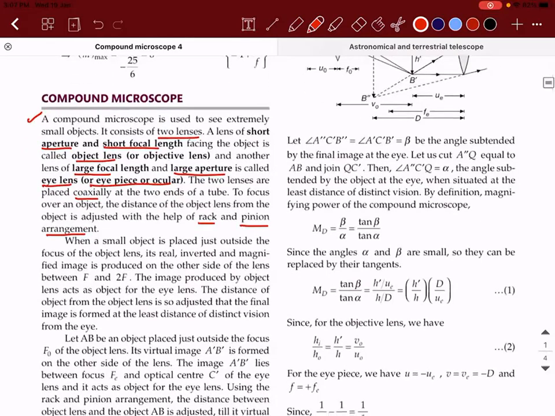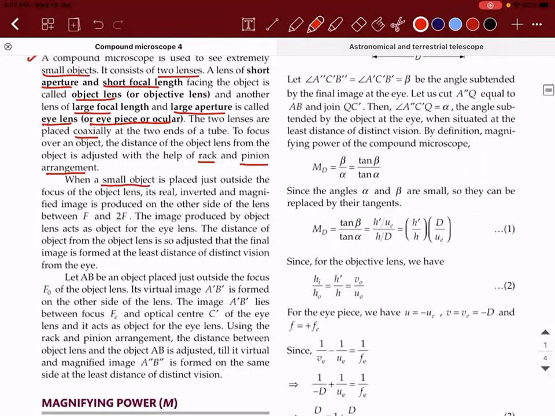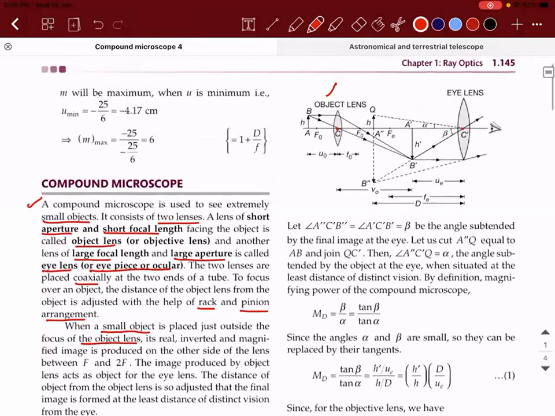Now, this is used to see extremely small objects, so when you take a small object, it is placed just outside the focus of the object lens. Try to understand one important point here. You take this object lens, right?